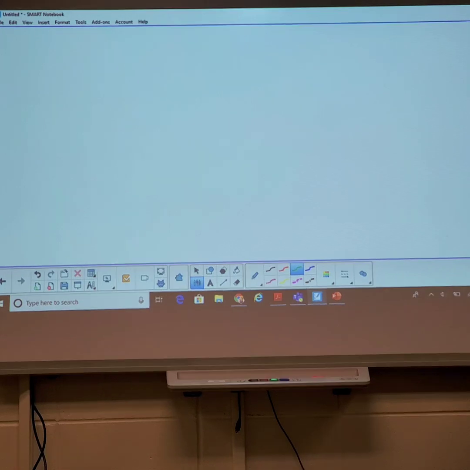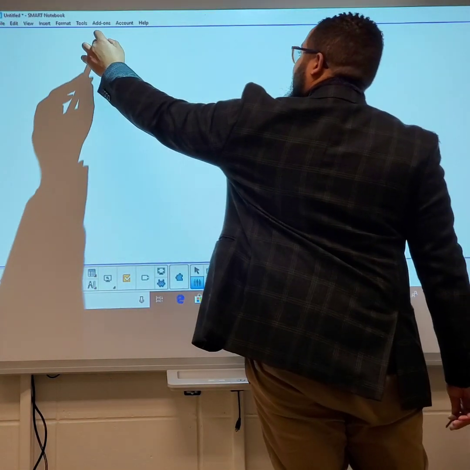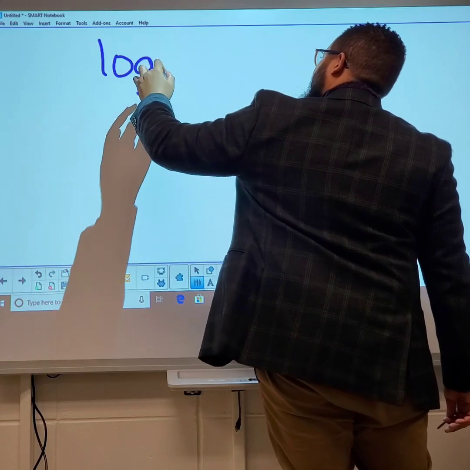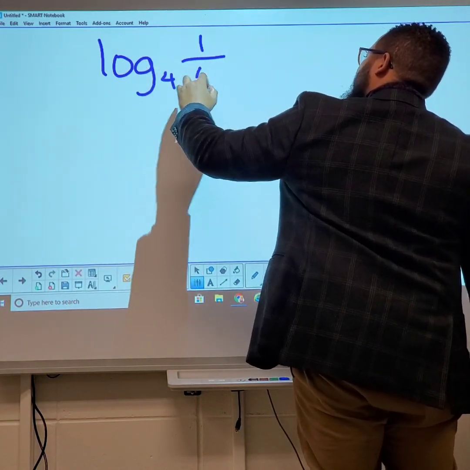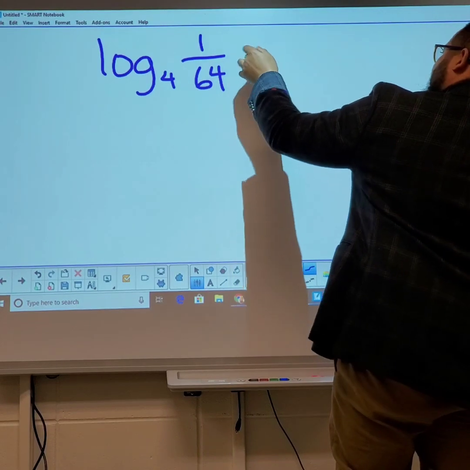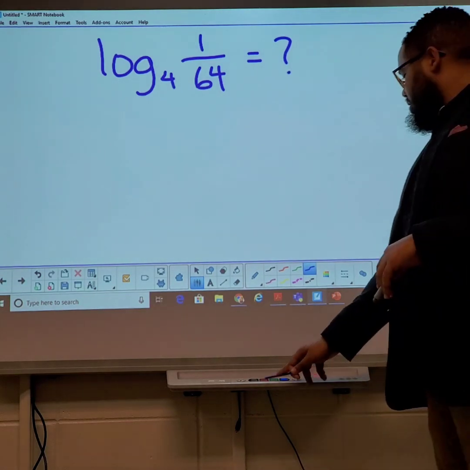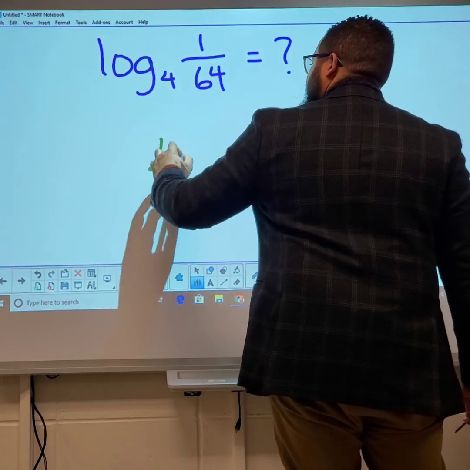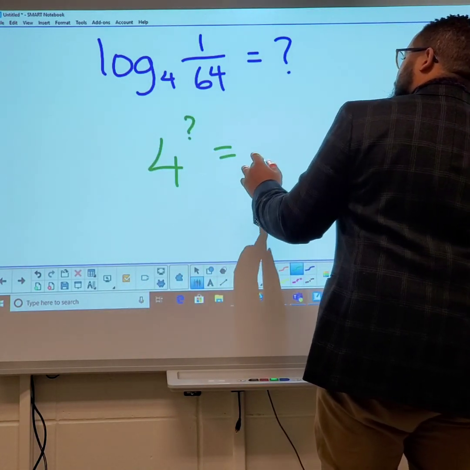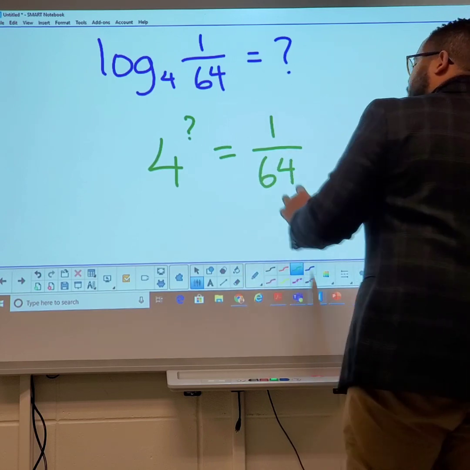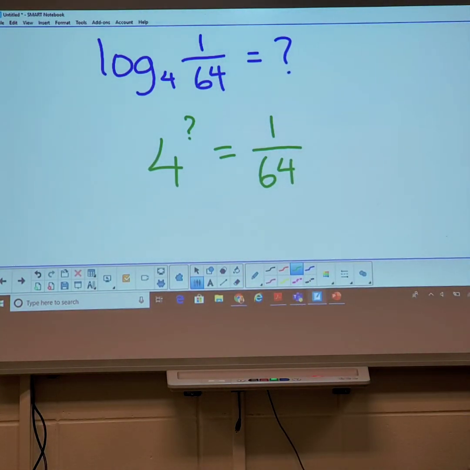Alright, so if I do log base 4 of 1 over 64. Before we make it too complicated, the question we're asking ourselves is 4 to the what equals 1 over 64? 4 times 4 is 16 times 4 is 64.